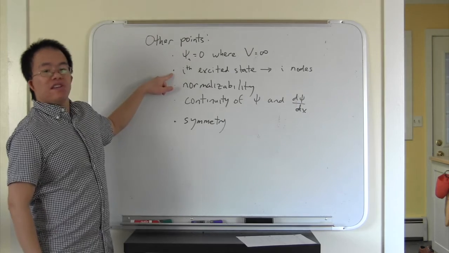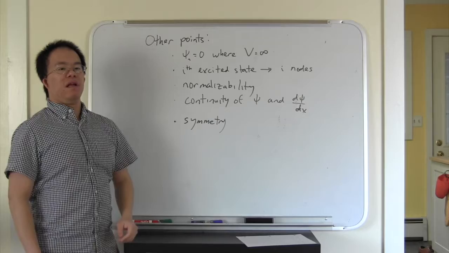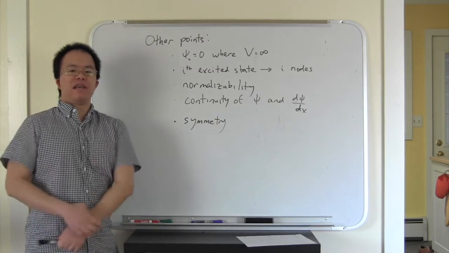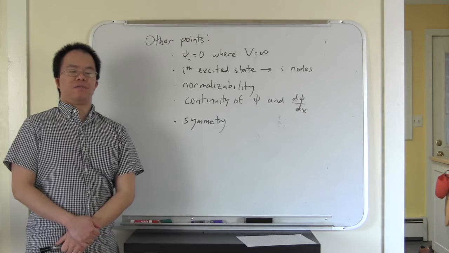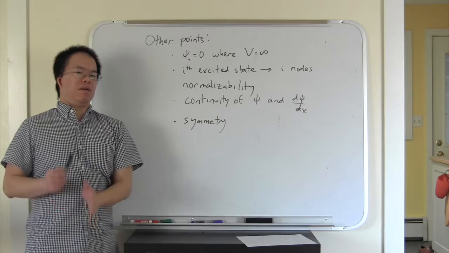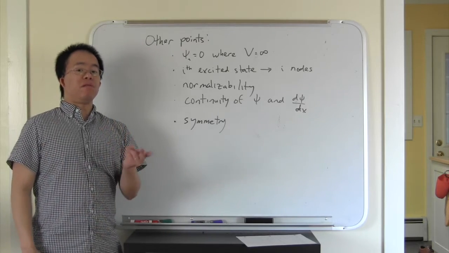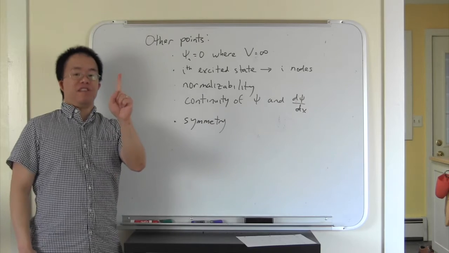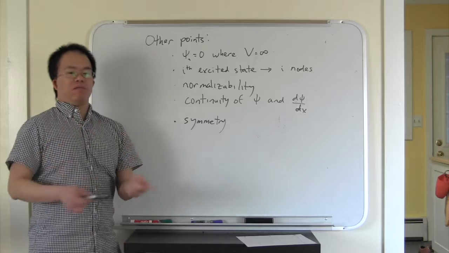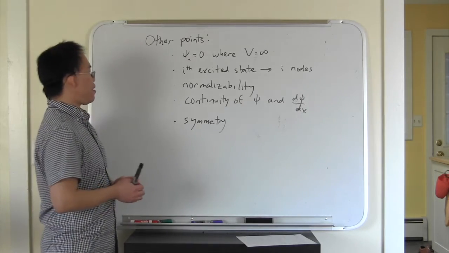There's also the idea that in general the ith excited state has i nodes. So let me explain what I mean by that. The best case to think of here is the finite square well. So n equals 1 for the finite square well is the ground state, and it has no nodes. n equals 2 is the first excited state, and it has one node, or one zero crossing, right at x equals 0.